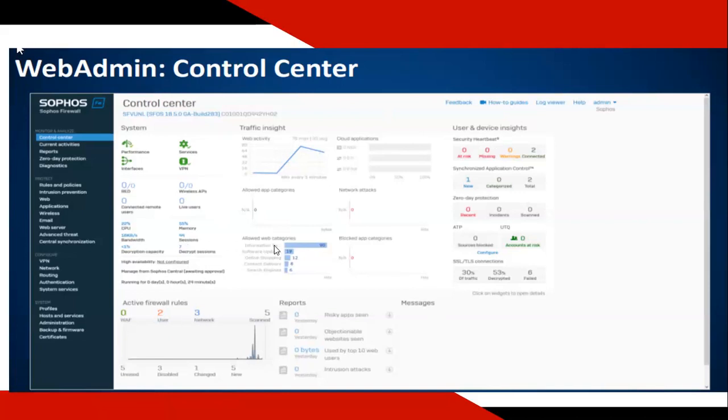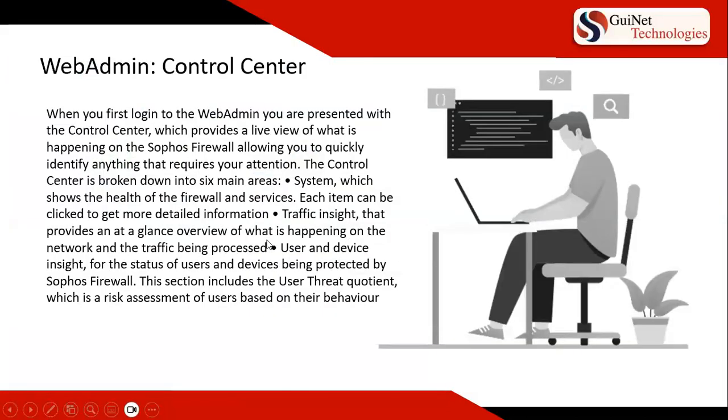So this will be the first page we have discussed. For the control center, we have multiple areas that are mainly divided into 6 areas that we discussed last time, right? So one is system, which shows the health of the firewall and services. Each of these items you can click to get more detailed information.